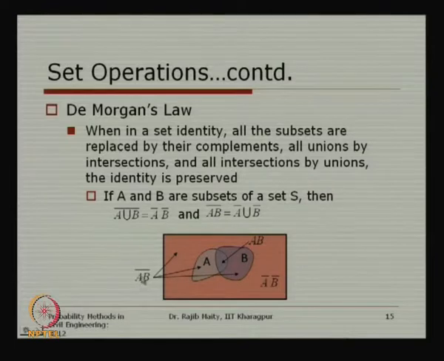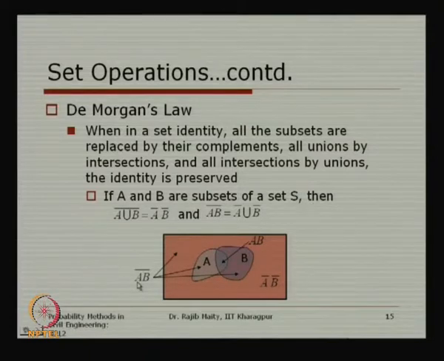Now if I say the complement of A intersection B, then it consists of this area as well as this area, which are not in the intersection, that is the rest of A and the rest of B which are not in this one. The understanding of these two, A complement intersection B complement and the complement of A intersection B, is important.